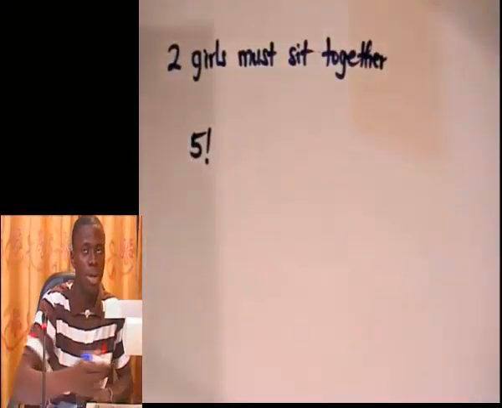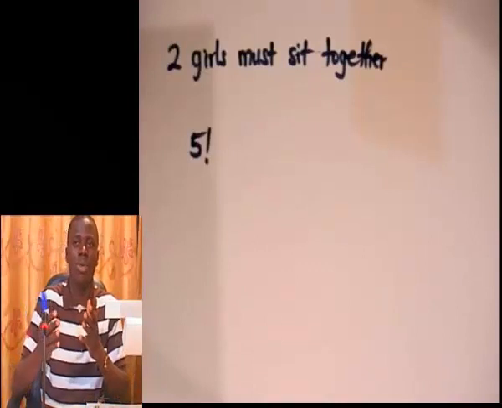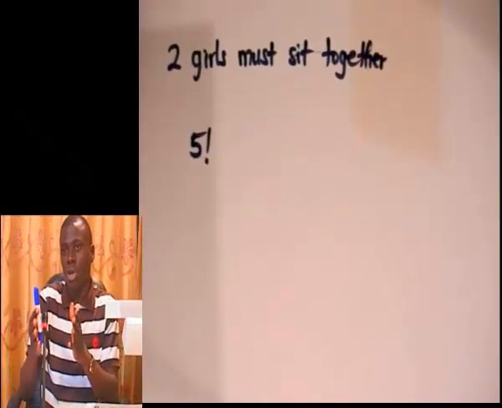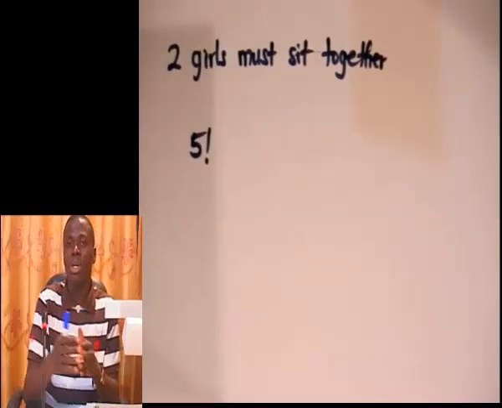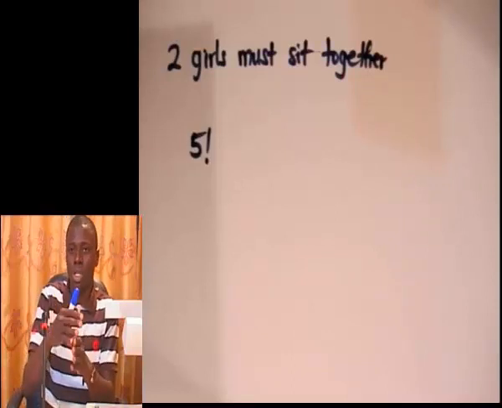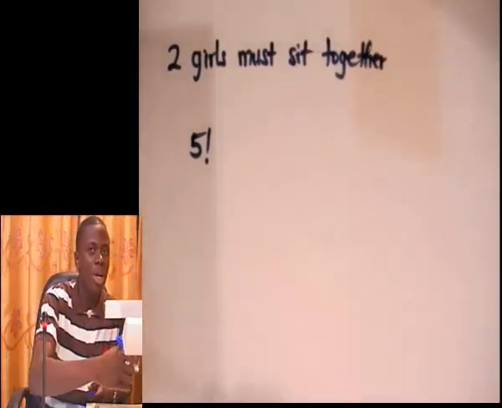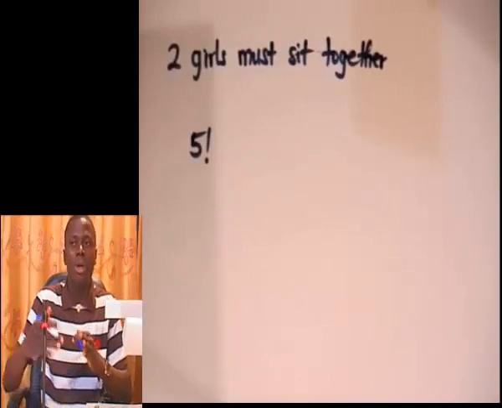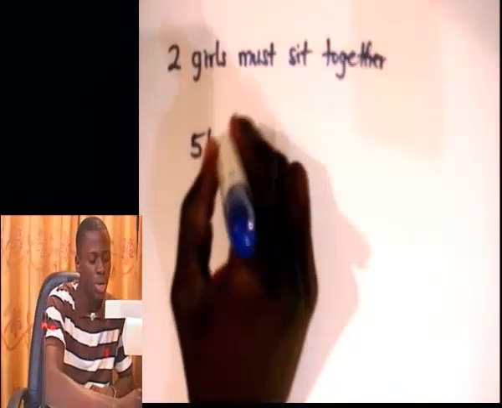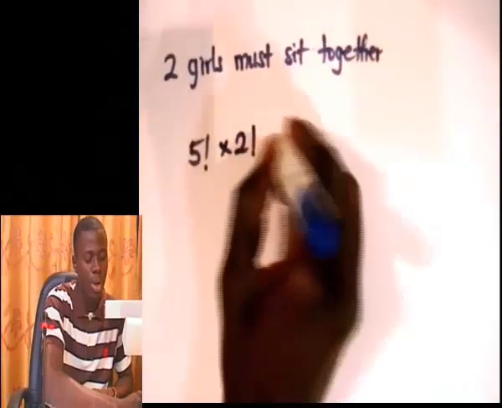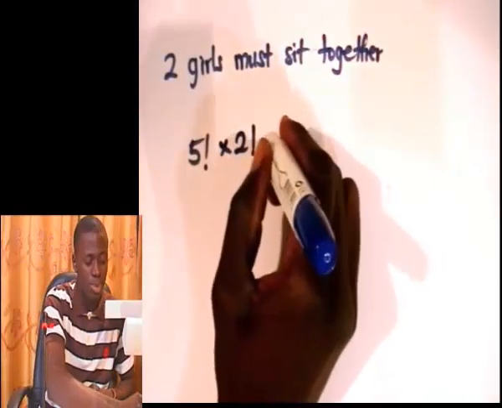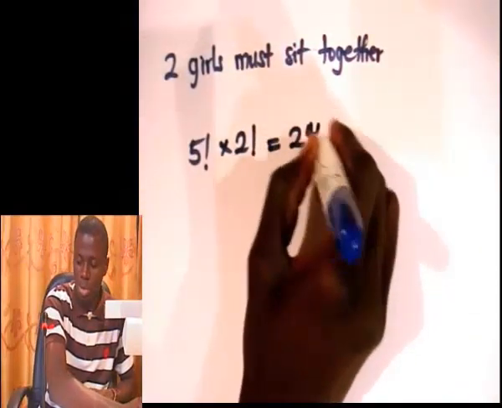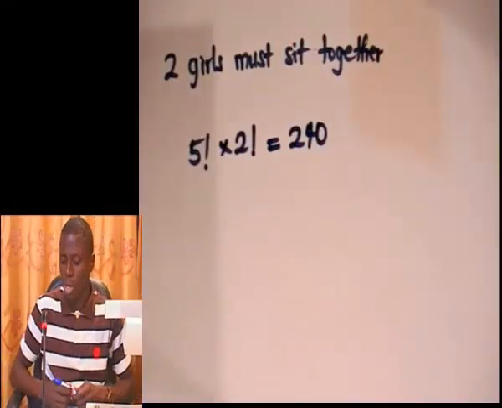Because when one girl sits on the right, we consider that as a configuration, and when there's a shift, that's a different configuration, so the 2 girls can be arranged in 2 different ways. So that's 5 factorial multiplied by 2 factorial, which equals 240 distinct ways.